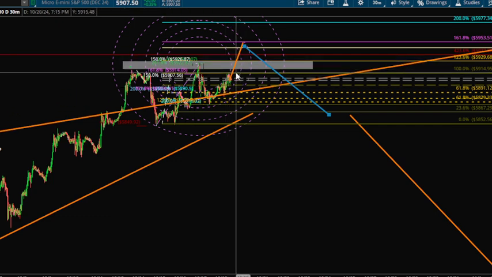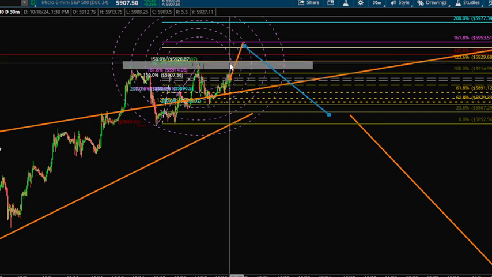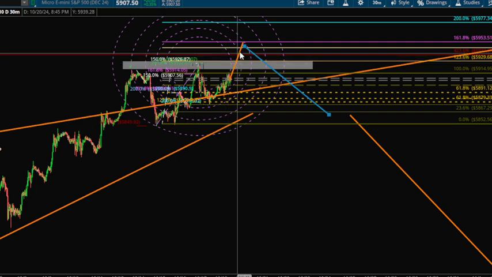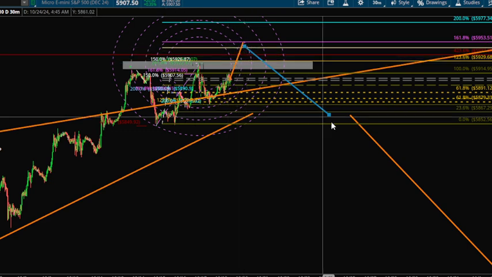Now, for some reason, I feel like it could gap up too, probably to scare bears to get out of the position. So I could see it gapping up past this zone here, trying to get up here, and then all of a sudden breaking down.